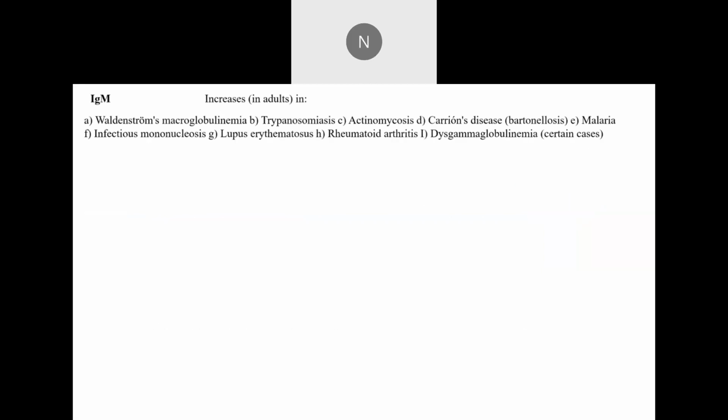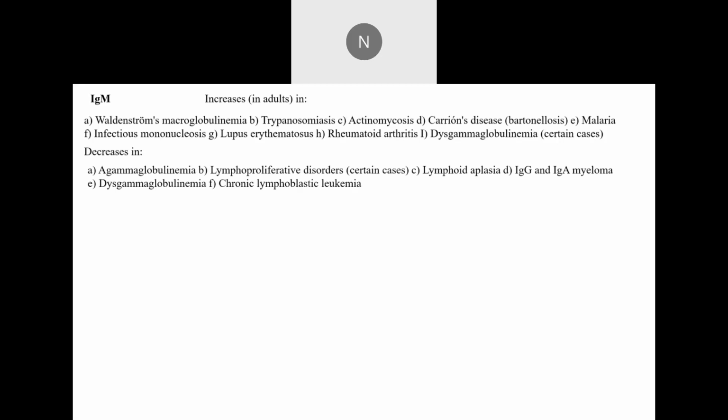IgM increases in Waldenstrom's macroglobulinemia, trypanosomiasis, actinomycosis, and many other diseases; the common ones to remember are malaria, infectious mononucleosis, lupus erythematosus, and rheumatoid arthritis. It decreases again in agammaglobulinemia, lymphoproliferative diseases, lymphoid aplasia, and similar conditions.